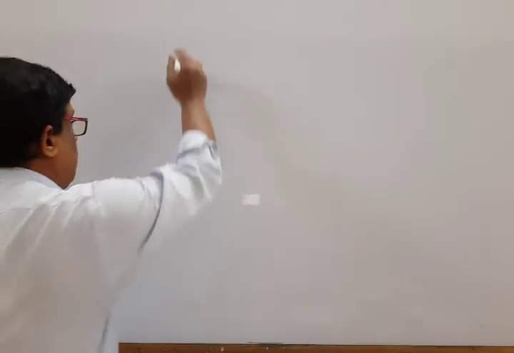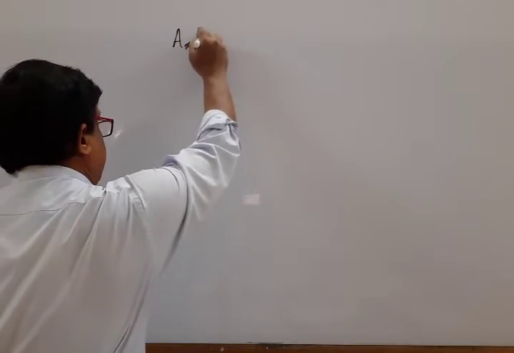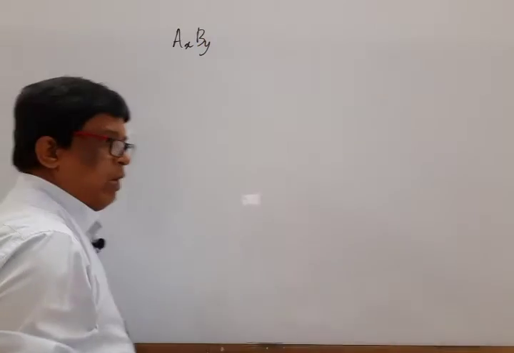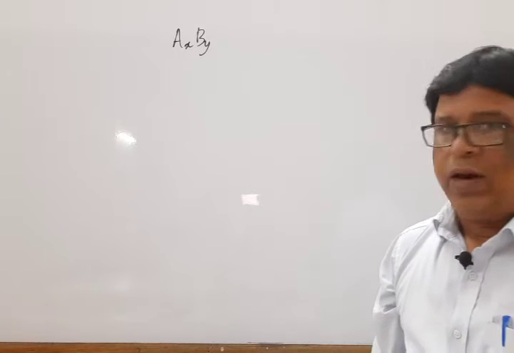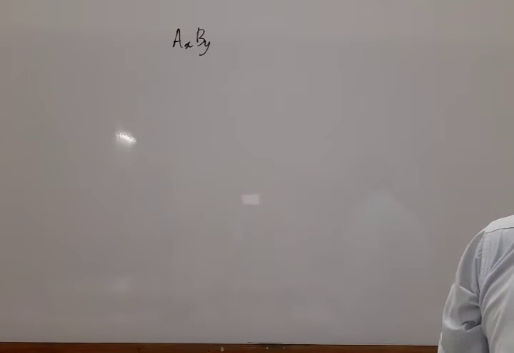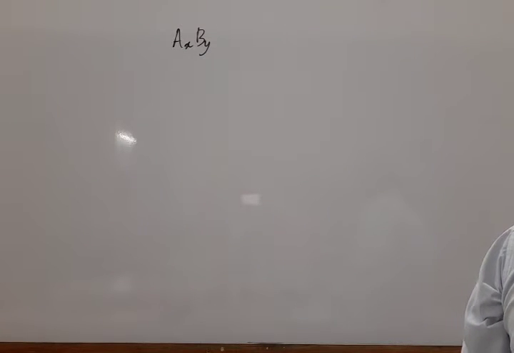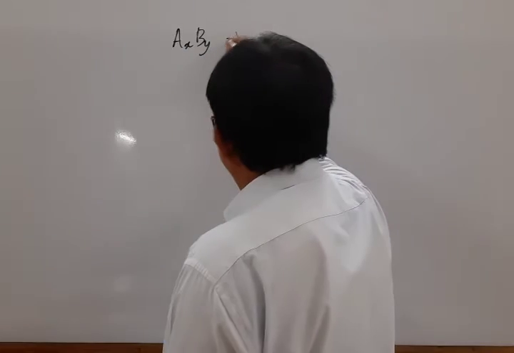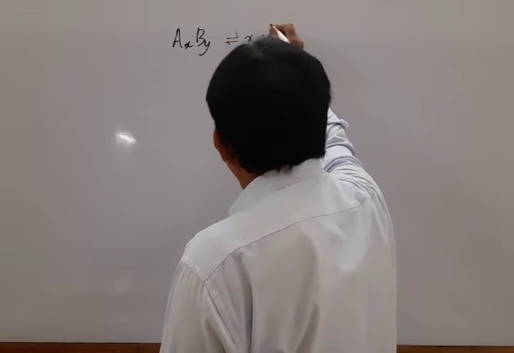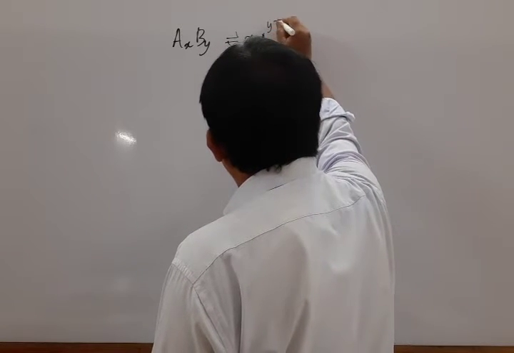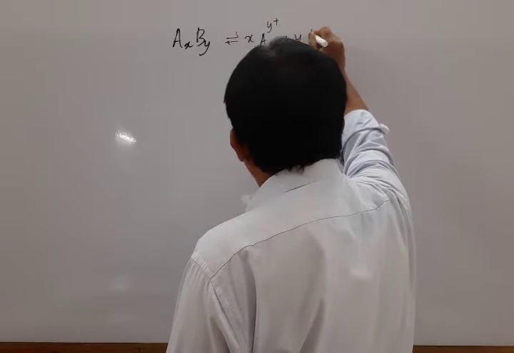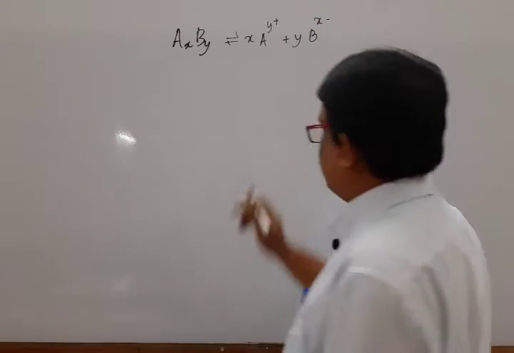Mark that, a sparingly soluble salt is represented by AxBy. When it ionizes, it gives rise to x A^(y+) plus y B^(x-).